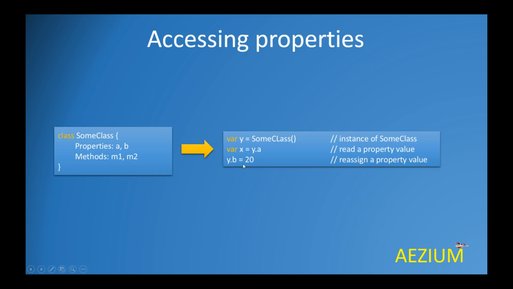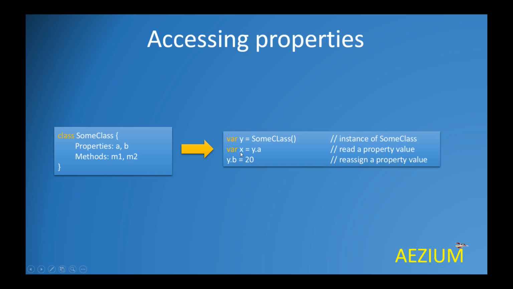So, for instance, starting with this class, if we declare a variable called y and then assign to it an instance of some class, then this new parameter will have its own sets of properties and methods which are defined here.